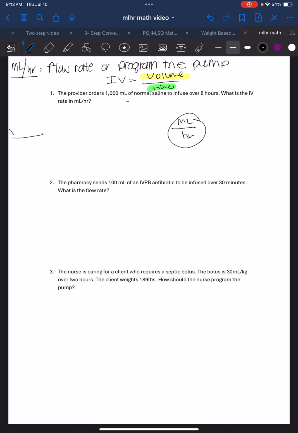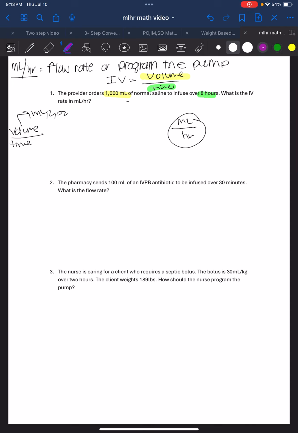We're going to start off with volume over time. Volume is like mLs, liters, ounces. So we highlight our volume, mLs, in yellow, and our time in green.